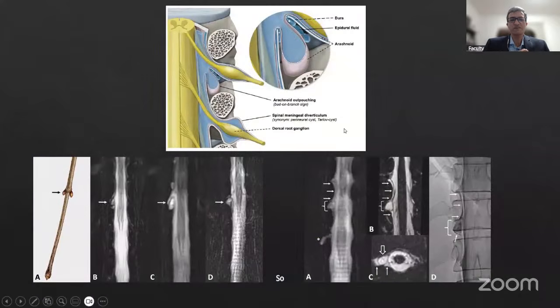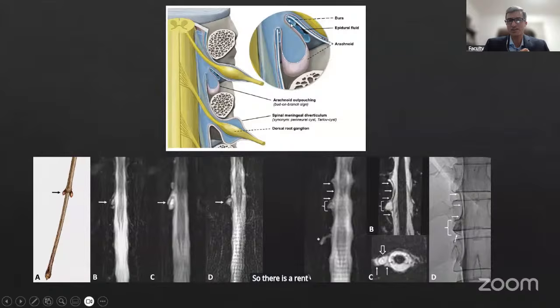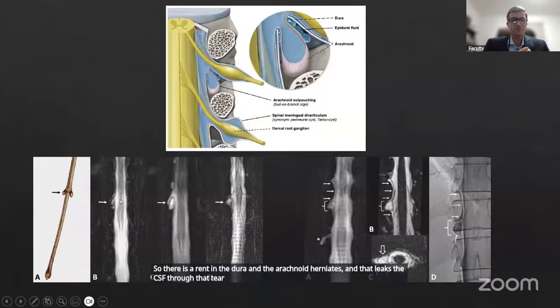So that's a schematic representation of a nerve root perineural cyst or the diverticulum, and the arachnoid herniation, which is more of a pathologic condition. This is more of a physiologic condition. This is the pathologic condition. So there is a rent in the dura and the arachnoid herniates, and that leaks the CSF through that tear. And this is what is described as the bud on branch sign.